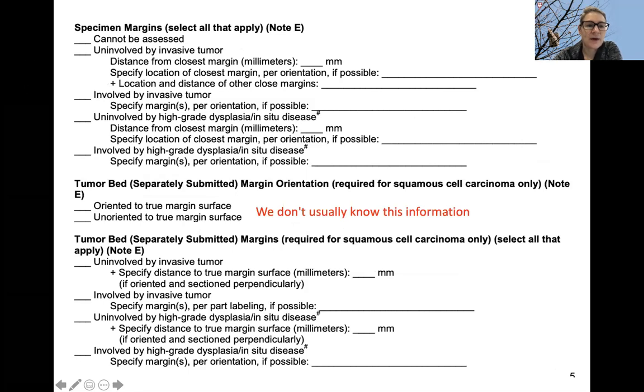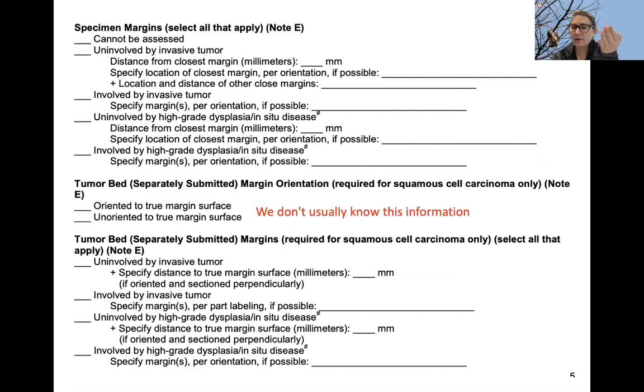They specify that they want to know the main specimen margins, right, which is the actual specimen, and then the tumor bed margins, which now you know what tumor bed margins are, okay? So as I said, we don't generally know tumor bed margin orientation.